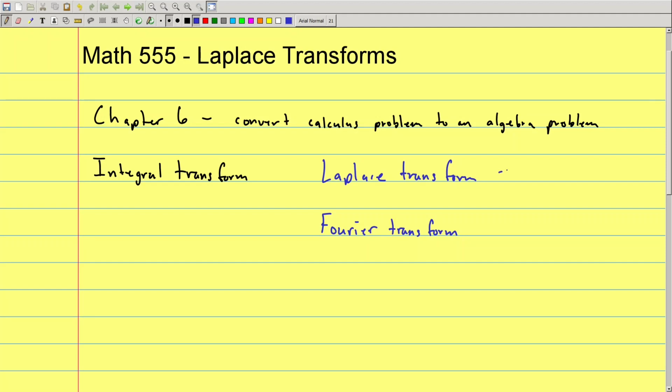Okay, so these are very common for ODEs, and are also quite popular when it comes to doing electrical engineering problems, because they are quite good at dealing with the circuits examples that we talked about back in chapter 3. Fourier transforms are concerned with waves.